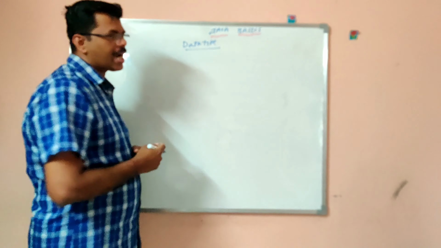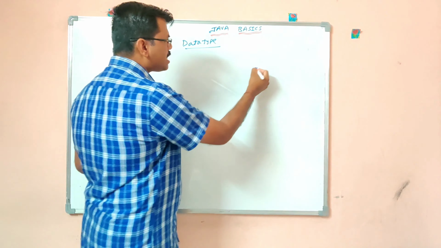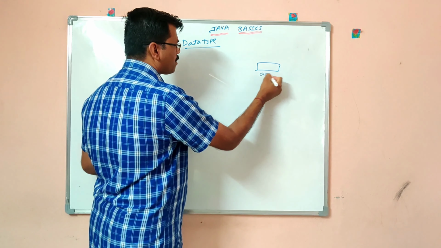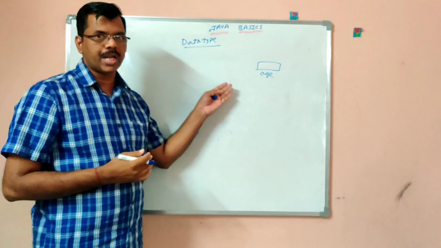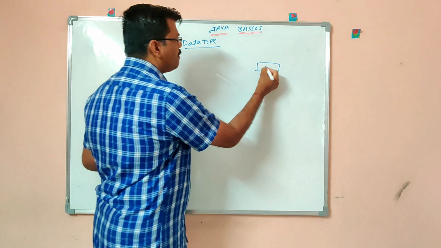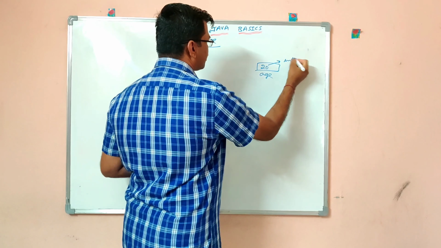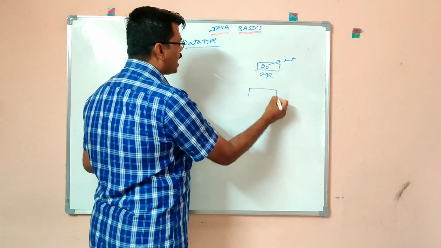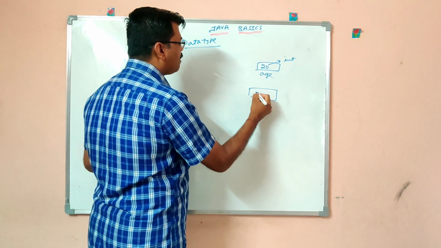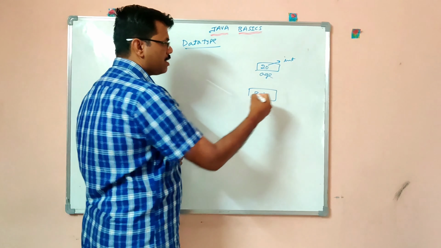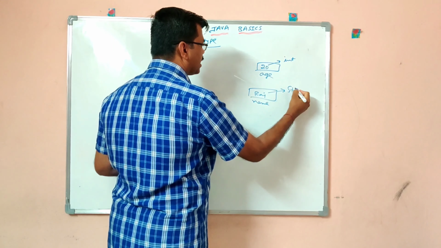So the meaning of data type is like when you allocate some memory space for age, what type of data you are going to store in age, like some number types, like we say some 20 or 30, which we call it as integer. If you take something like name, in name we can store some name like Raj, which we call it as a string.